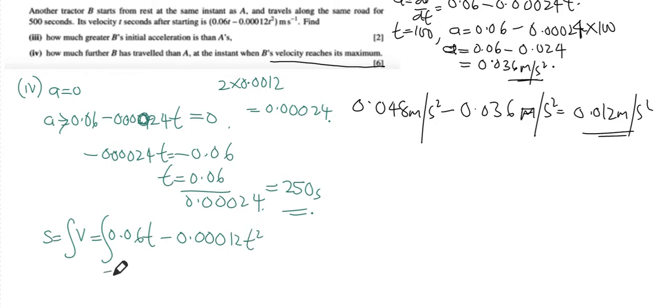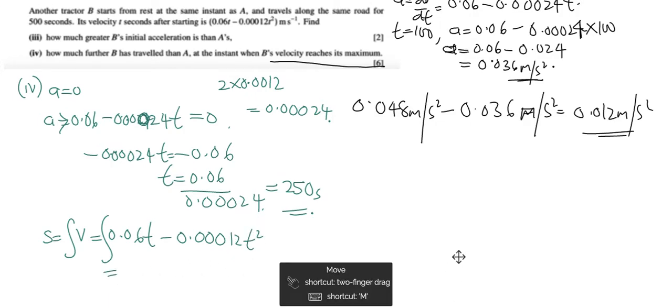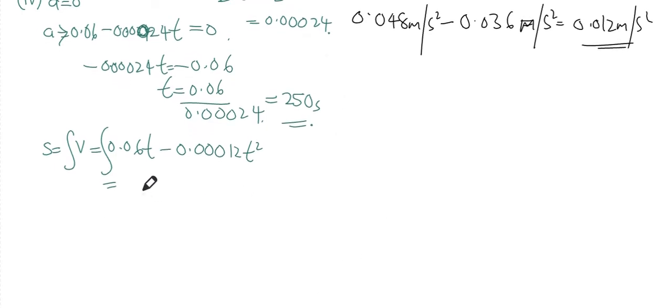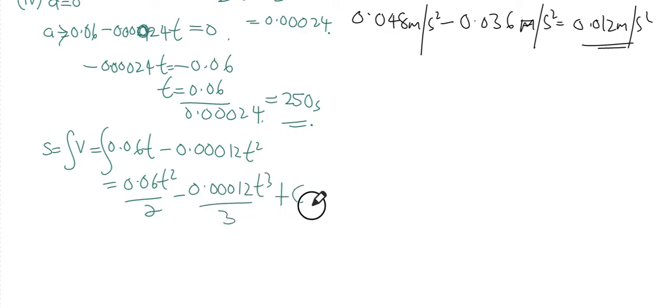When I integrate this, what I get is 0.06t squared over 2 minus 0.00012t cubed over 3, plus c.